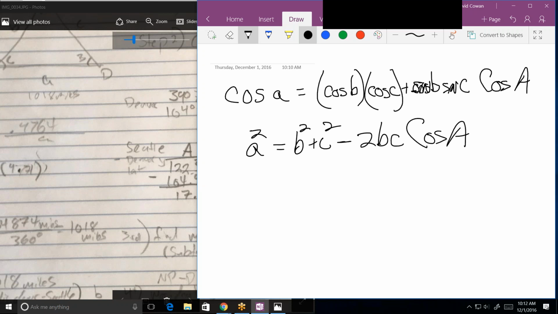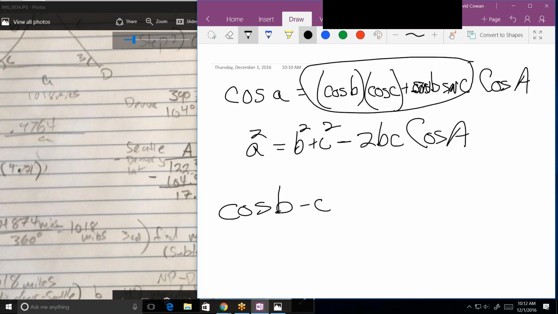First of all, what this is, is the identity for cosine of B minus C. If I wanted the identity for the cosine of B minus C, it would be cosine of B, cosine of C, plus sine of B, sine of C. And that's what I've circled there.